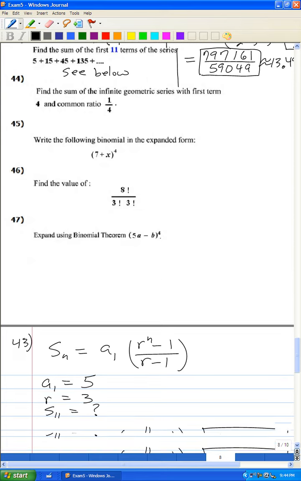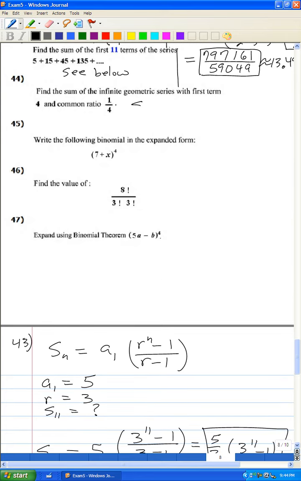Find the sum of the infinite geometric series. Okay, well, the sum of the infinite geometric series is just a1 over 1 minus r, so long as r is less than 1 in absolute value. Well, the common ratio is a fourth, so it exists. So the first term is 4.